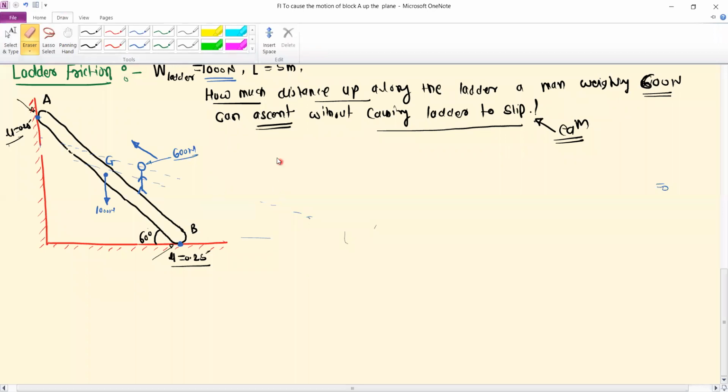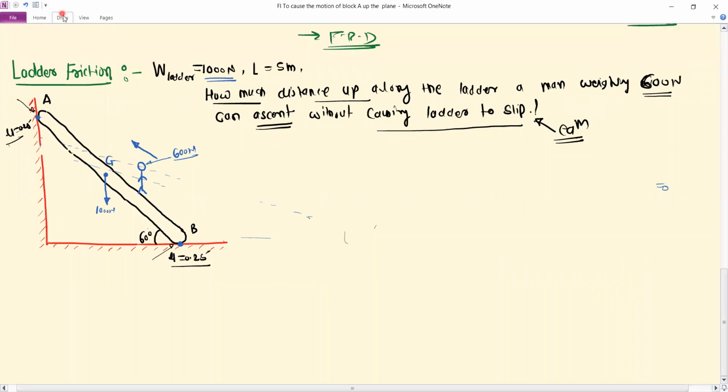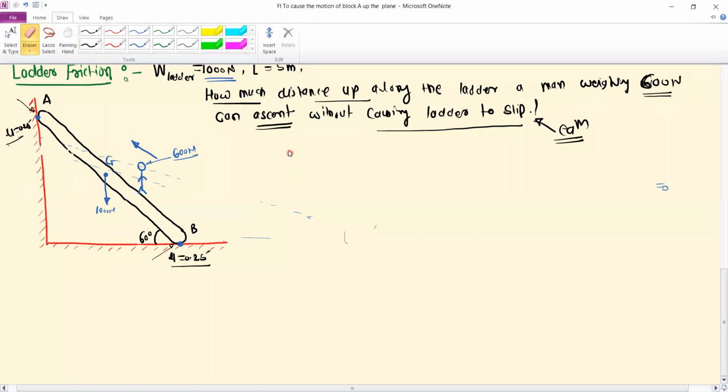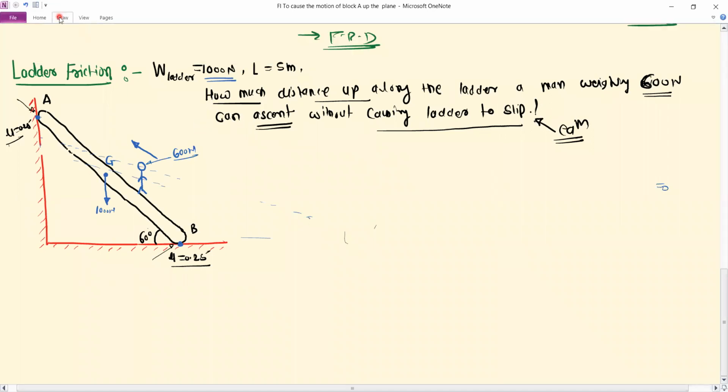To solve this problem, your first step is the free body diagram. So the ladder is AB. A and B are the two contact points with the wall and with the ground.